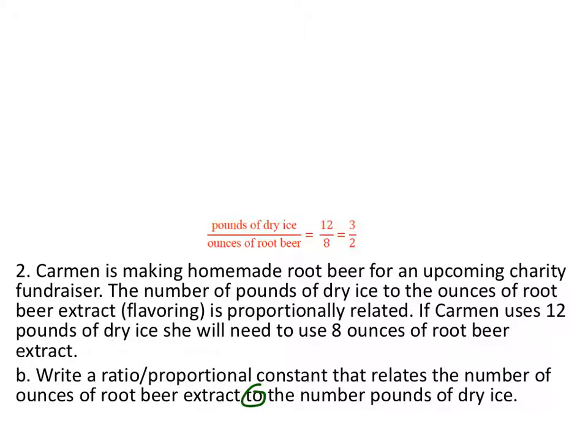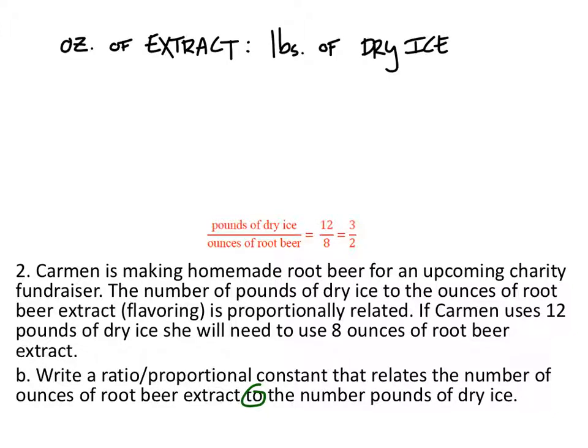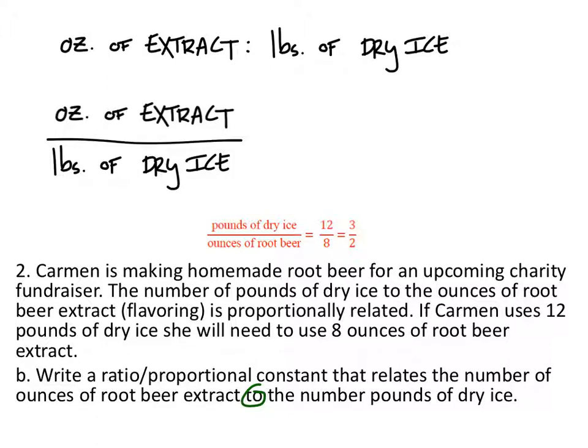So let's go and write that as a formal ratio. So this would be the formal ratio. But again, I'm going to write it as a fraction. So this is the fraction right here. And we're going to be writing these ones just like we did for the pounds of dry ice to the ounces of root beer.